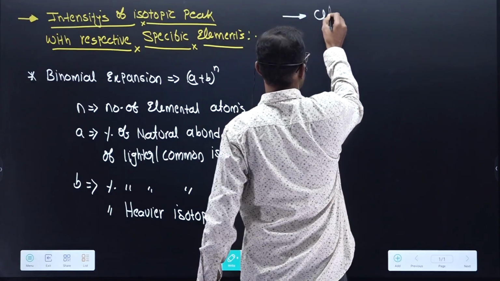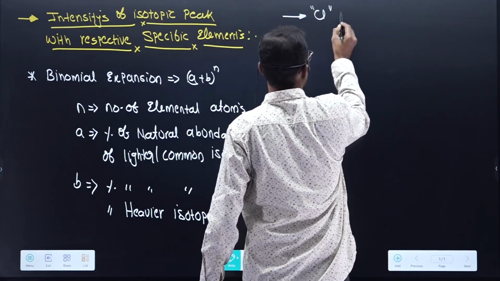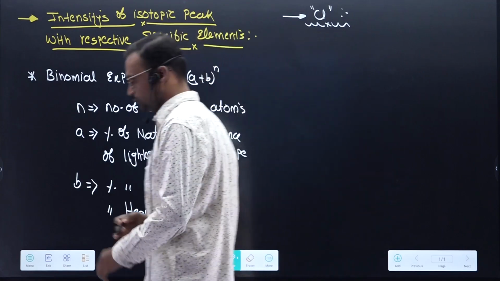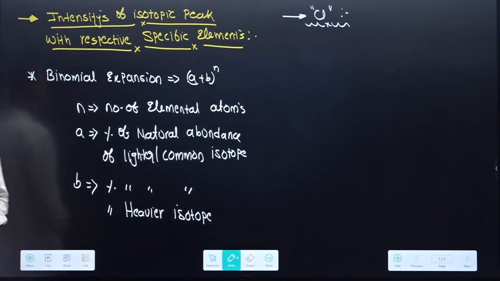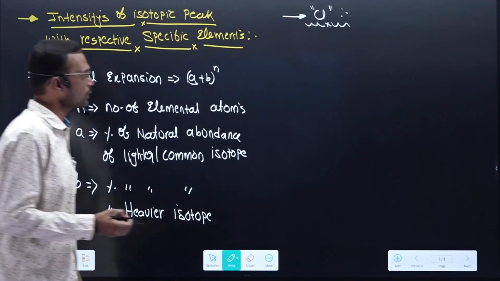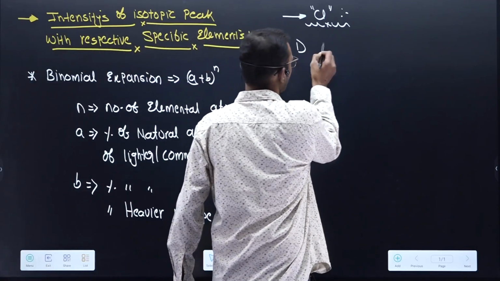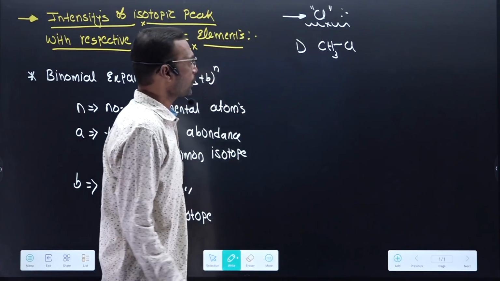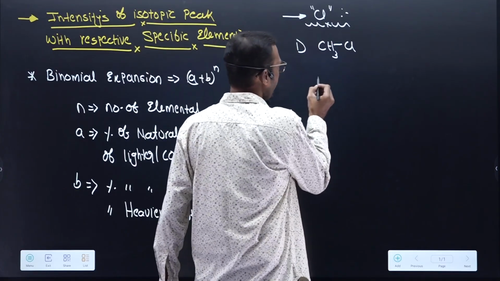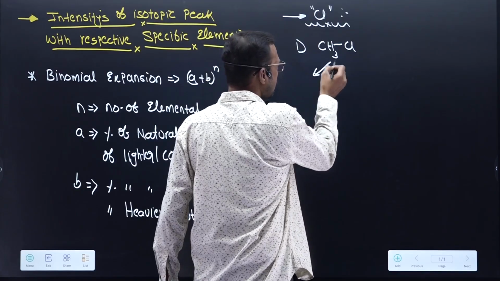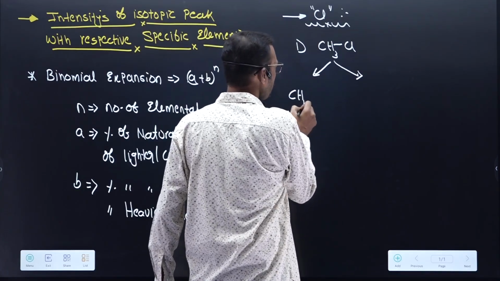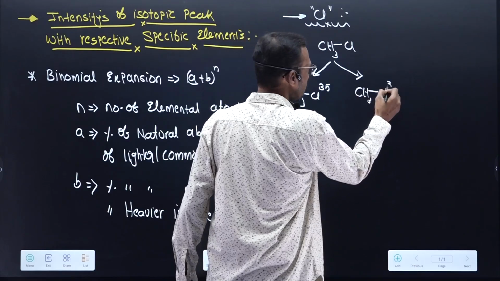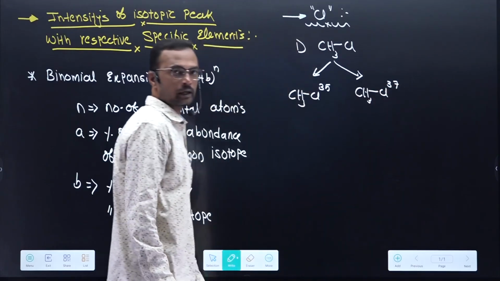So chlorine is the first element taken here. N is equal to 1 chlorine, 2 chlorine, 3 chlorine like that. Suppose I am taking methyl chloride. Here this molecule exists in two forms. In the first form chlorine 35 is possible, and chlorine 37 is also possible, lighter and heavier.